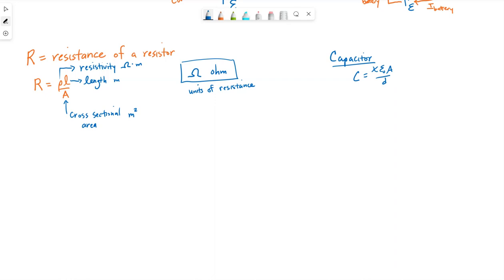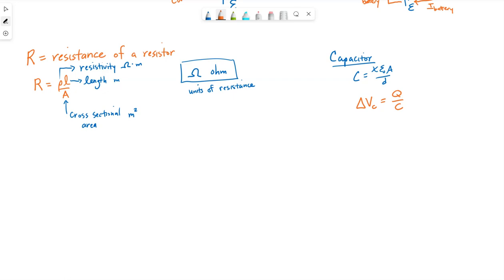Now, as another reminder, if we go back to the capacitor, charge can accumulate on the plates of a capacitor. The potential difference across the capacitor ended up depending upon how much charge was on the plates and then also the capacitance of the capacitor.